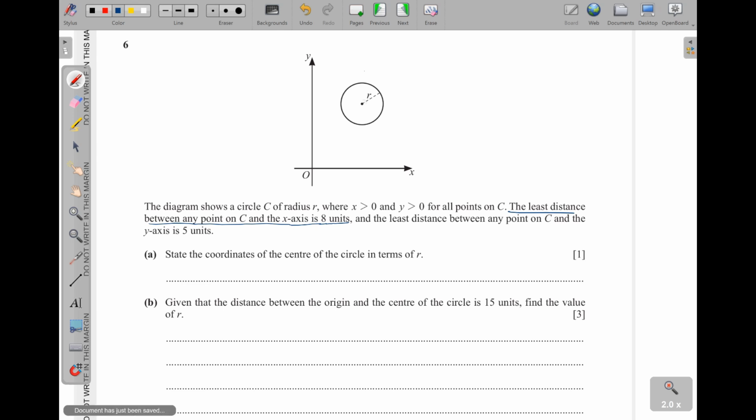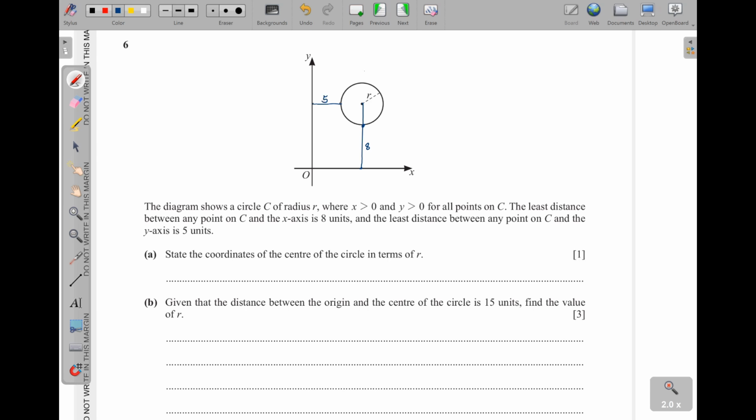We connect points on the x-axis, but the least one is going to be this direct one here. From here to here, this one is 8. And then this one here is 5 units.